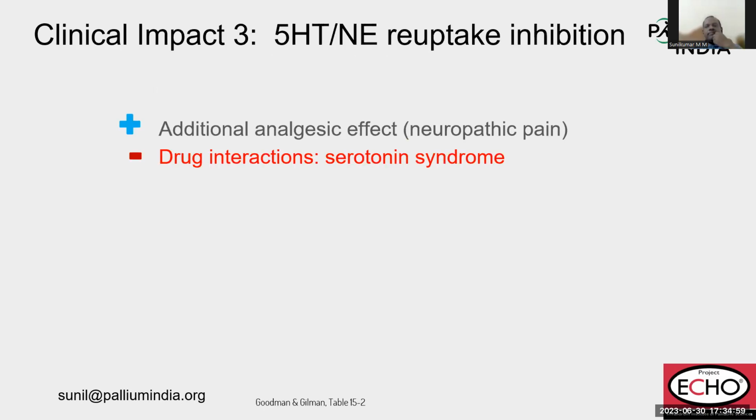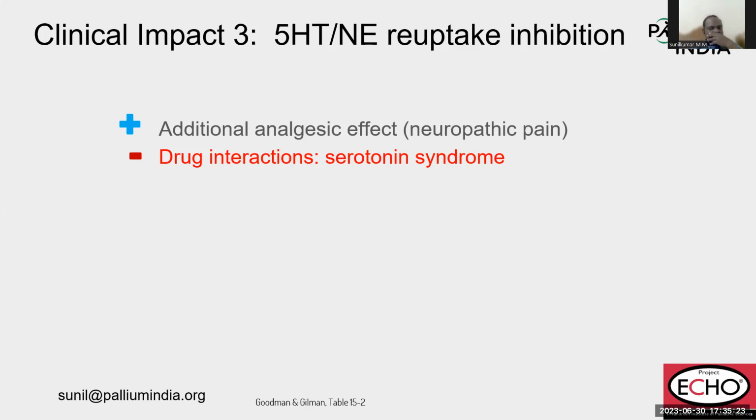The next clinical impact is due to inhibition of reuptake of noradrenaline and serotonin. We know that tricyclic antidepressants are the medications of choice for treating neuropathic pain, so methadone can also have a good effect in neuropathic pain.